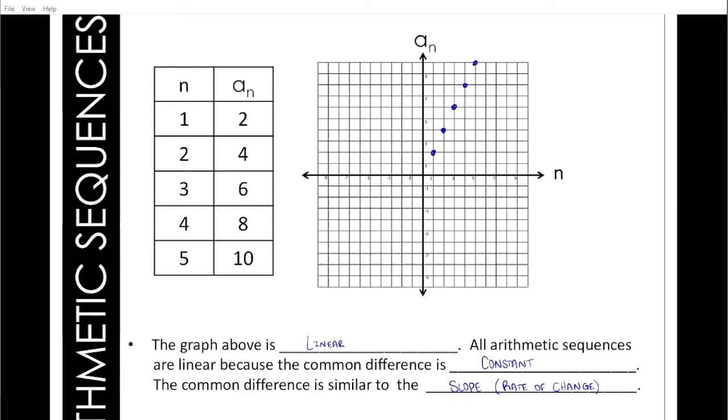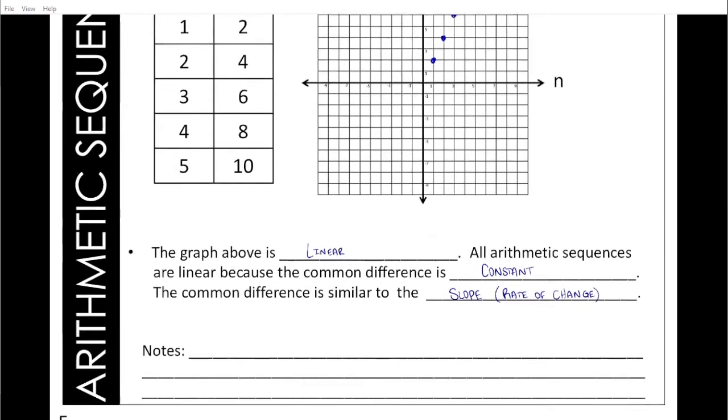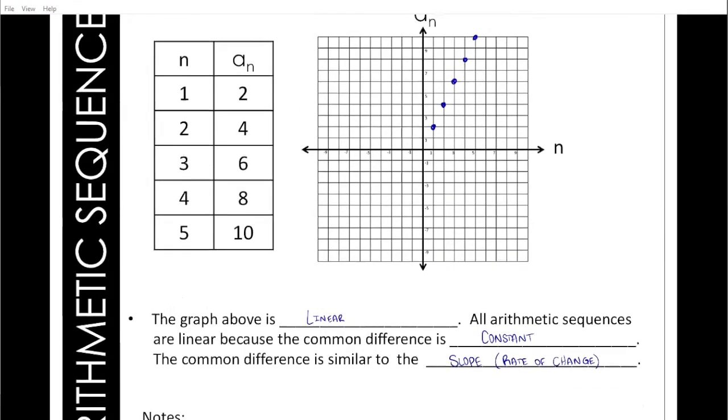The common difference is a constant. It's either going up by the exact same number or going down by the exact same number. Because of that, our common difference is really the slope, which is just a fancy way to say rate of change.